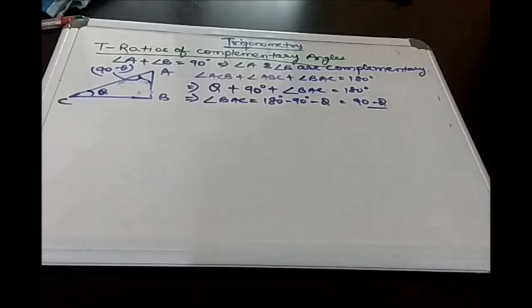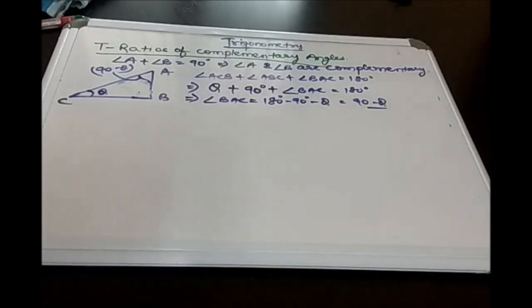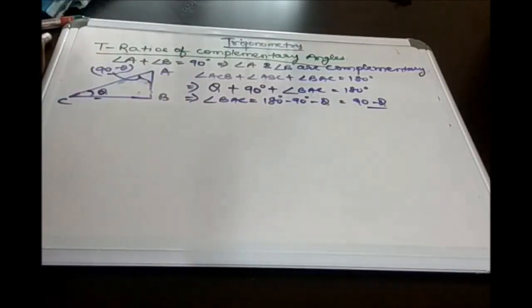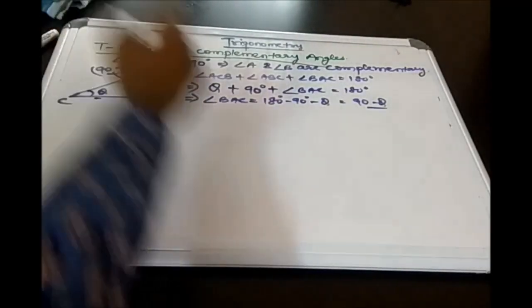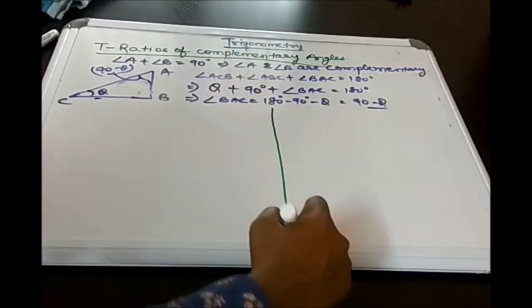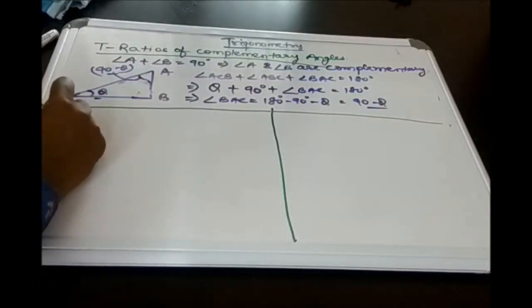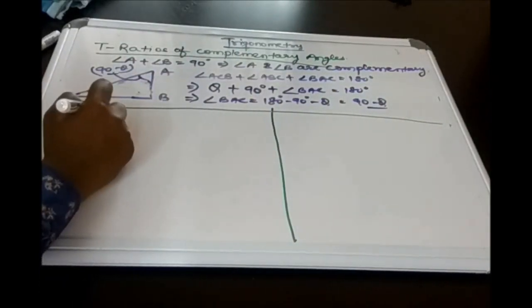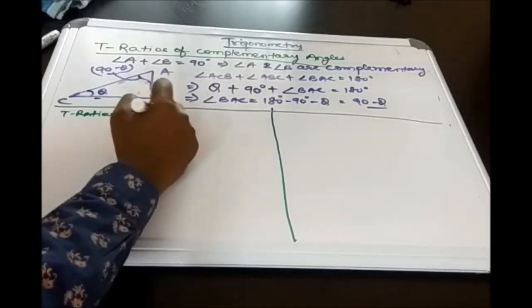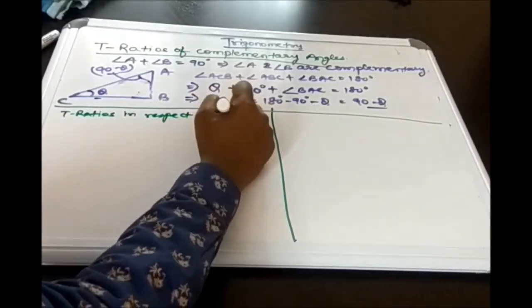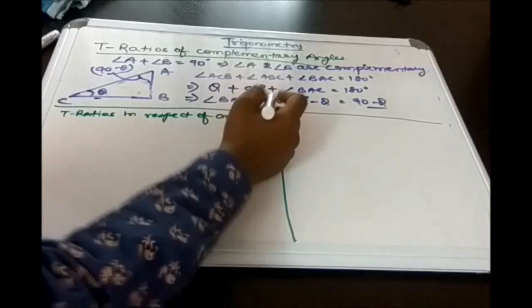Now what we will be doing, we will be writing all the trigonometric identities with respect to theta and with respect to 90 minus theta. So first let us write through theta. T ratios, that is trigonometric ratios in respect of angle theta.